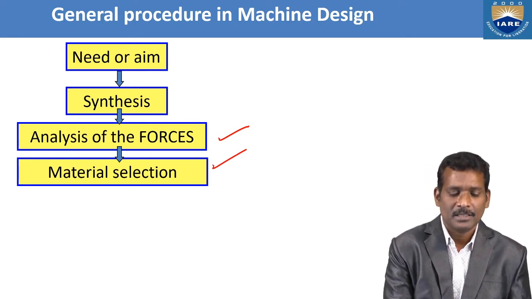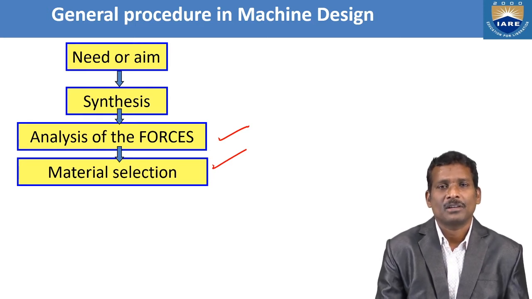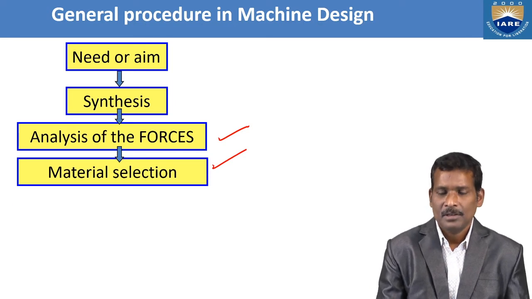Material selection is a very important criterion in machine design. It depends upon the properties and composition of the materials, and also on the application. I will explain this clearly in later sessions.